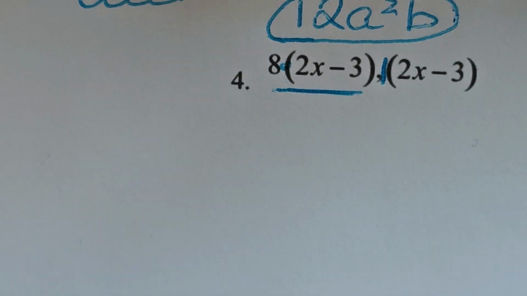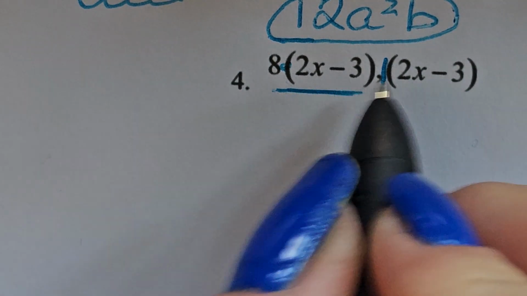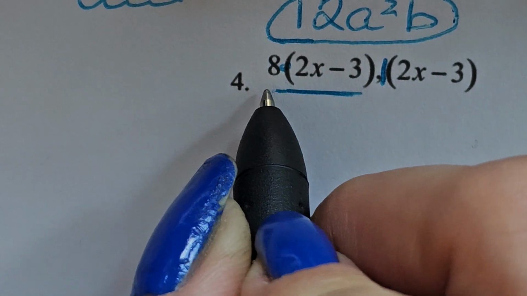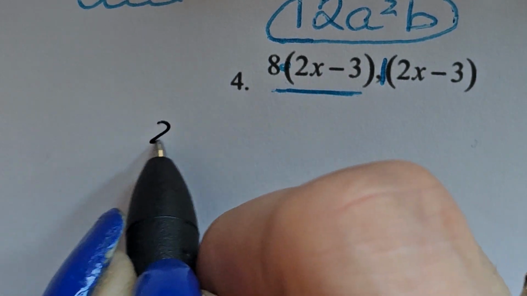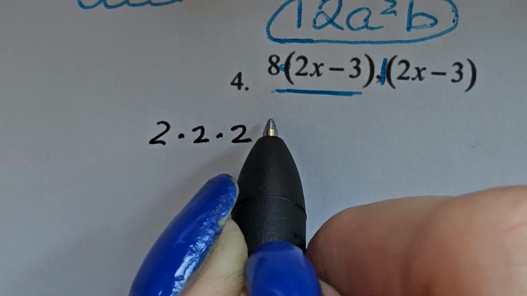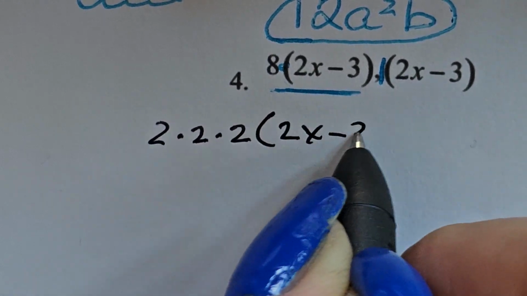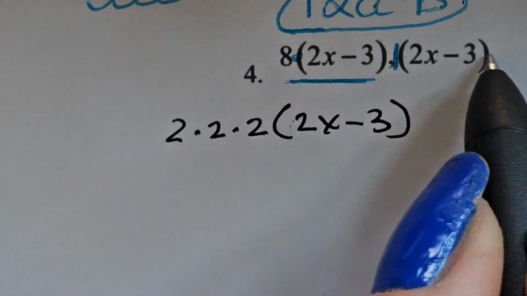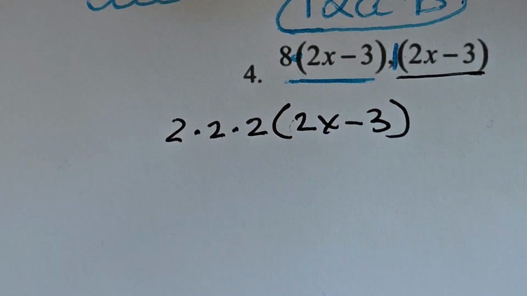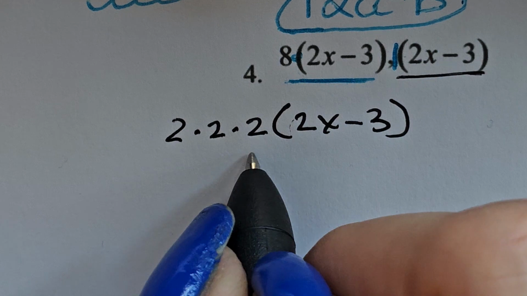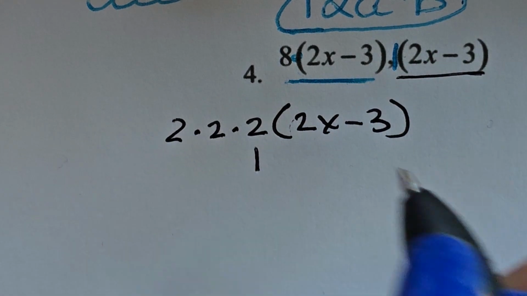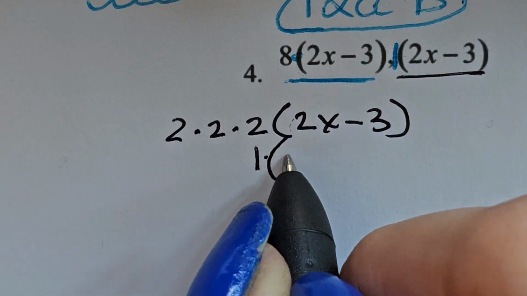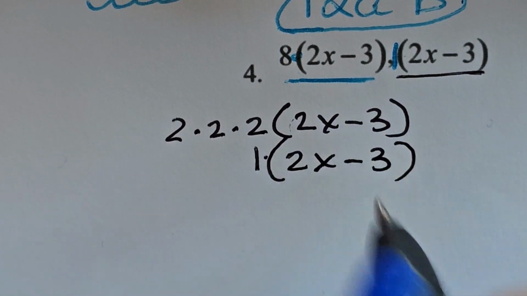So let me rewrite this. So this is the first factor. Now I could write the factor tree of 8, and that's 2 times 2 times 2. I'm just going to write the prime factorization, 2 times 2 times 2, and 2x minus 3. We can't break anything up inside of parentheses, okay? Now the second binomial is 1. So I'll just put a 1 out here, even though I don't normally put a 1, and then that's times 2x minus 3.